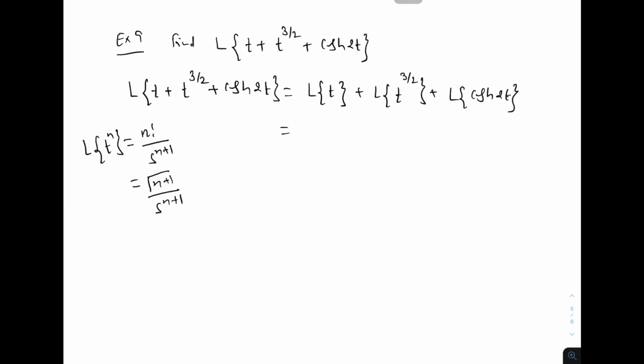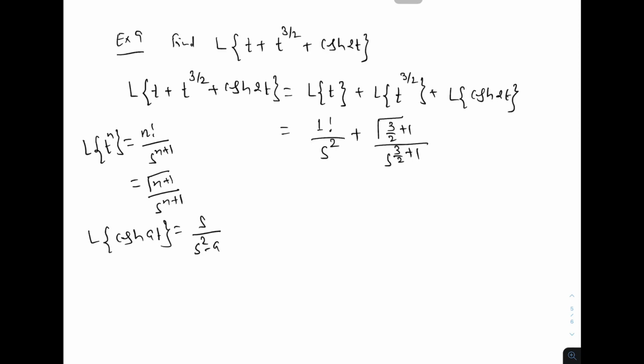So here it is 1 factorial over s power 2, but here it is gamma 3 by 2 plus 1 over s power 3 by 2 plus 1, and Laplace transformation of cosine hyperbolic at is s over s square minus a square. So plus s over s square minus 4. So this is 1 over s square.